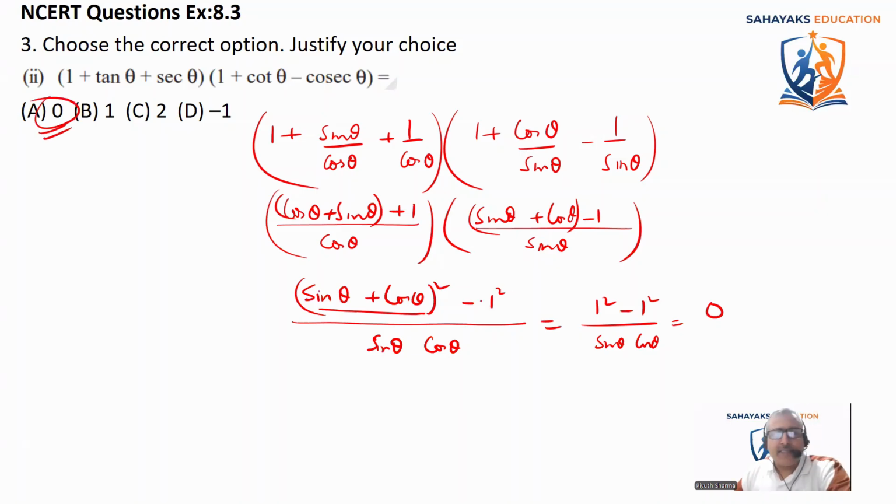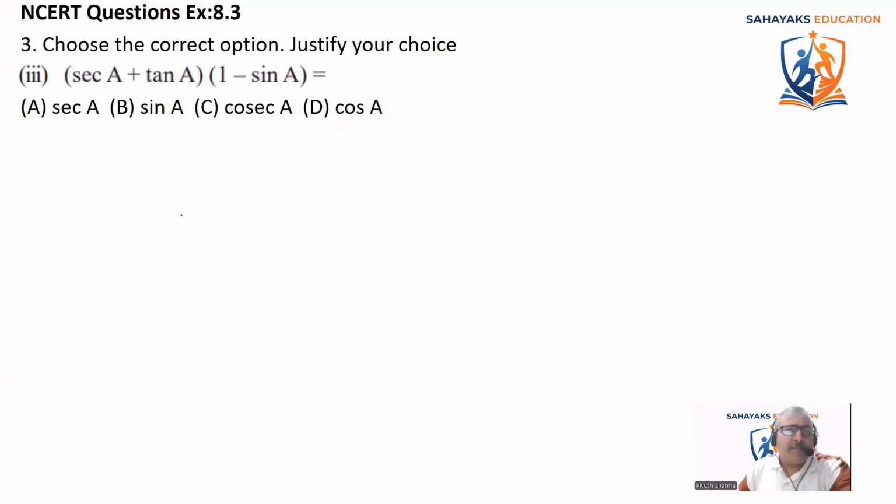That's the right answer. So coming to the next question, it says choose the correct option. Again, we need to find out. Let's convert everything to sine and cos.